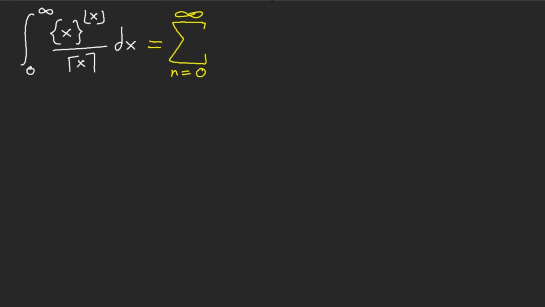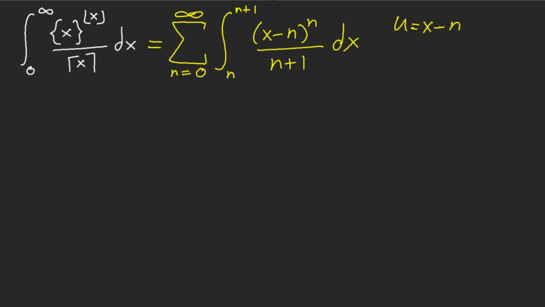n equal to 0, because it has a 0. From n to n plus 1, and now we have x minus n to the power of n plus 1 dx. So we have x minus n. We can let u equal x minus n.